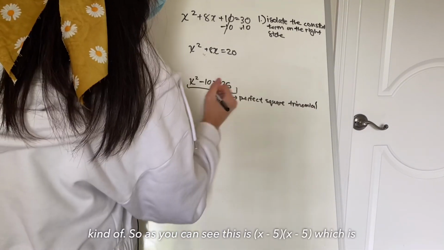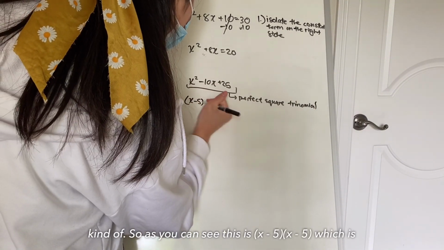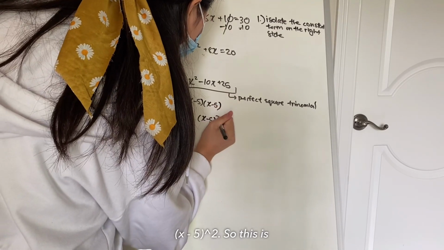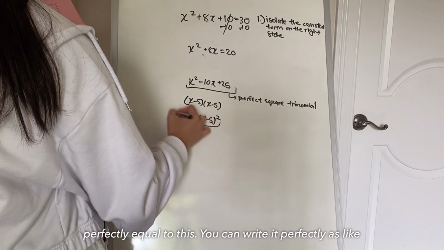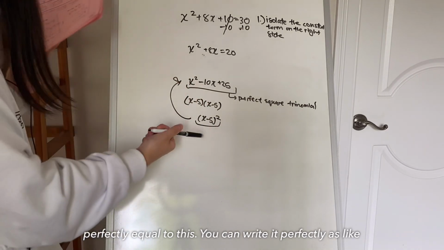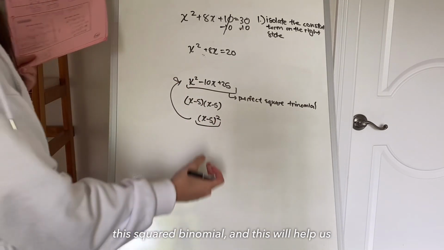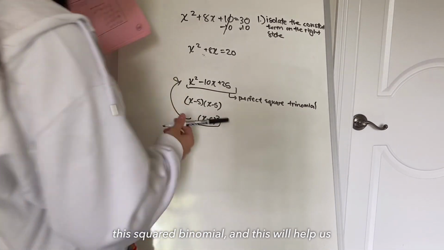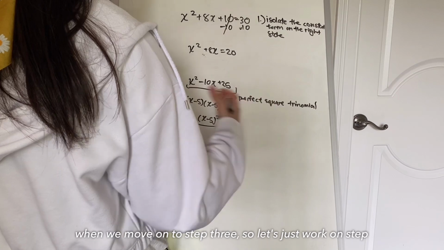As you can see, this is x minus 5 squared. So this is perfectly equal to this. You can write it as this squared binomial. And this will help us when we move on to step 3.